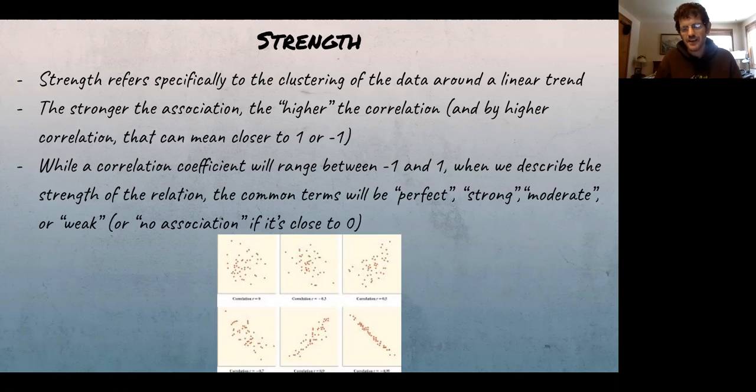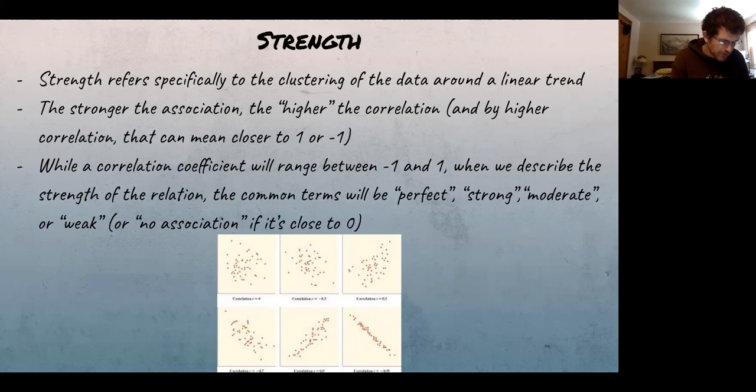What we'll say is it is a strong, positive, linear relationship. So when I say a positive, strong, linear relationship, that's already giving the direction, the form, and the strength of it. That one phrase describes the relationship between the two.